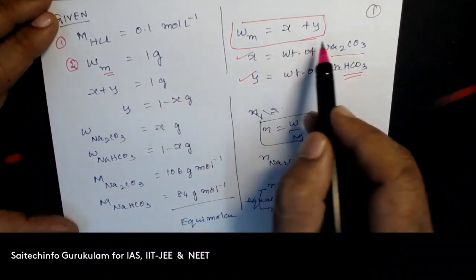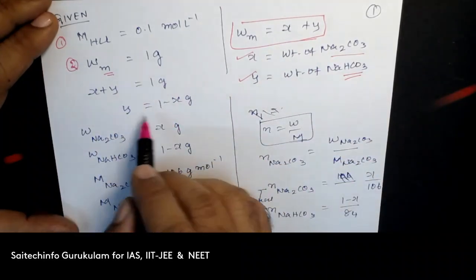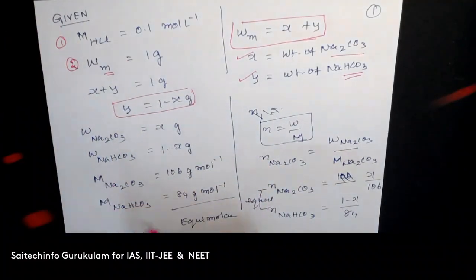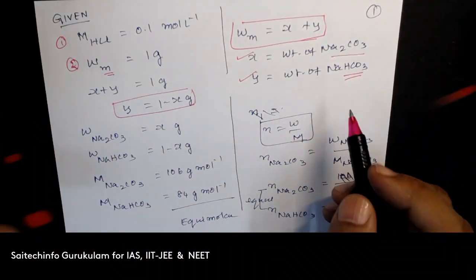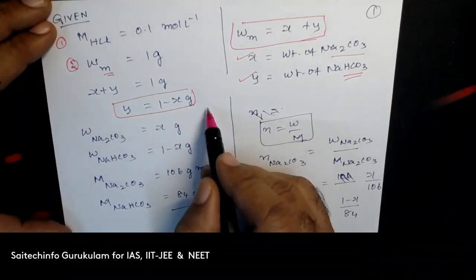So together it weighs 1 gram. So X plus Y is equal to 1 gram, means Y is equal to 1 minus X gram. So we have X gram of sodium carbonate and 1 minus X gram of sodium bicarbonate.